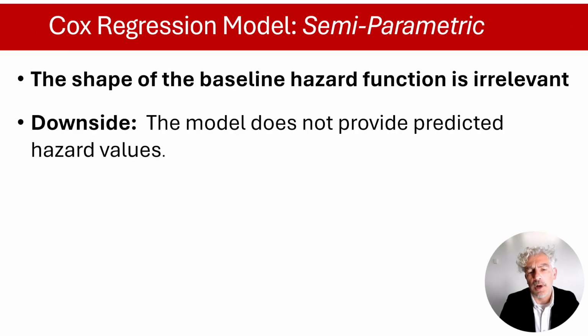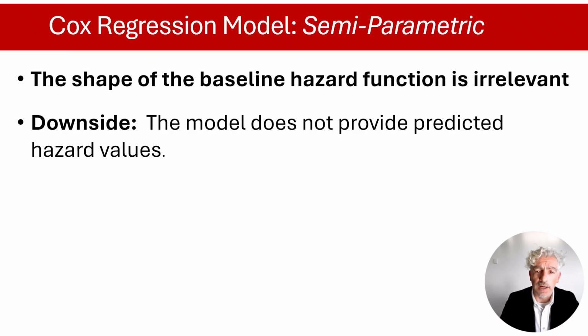This semi-parametric characteristic of the Cox regression model makes it very attractive, because in many ways we don't have to worry about specifying a shape for the baseline function. We don't have to make assumptions about the baseline function. But it also has some downsides.